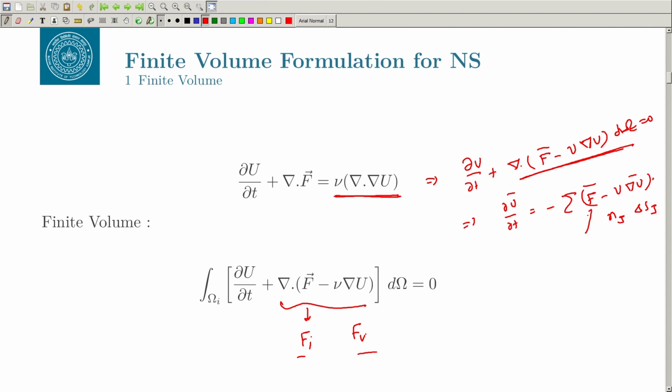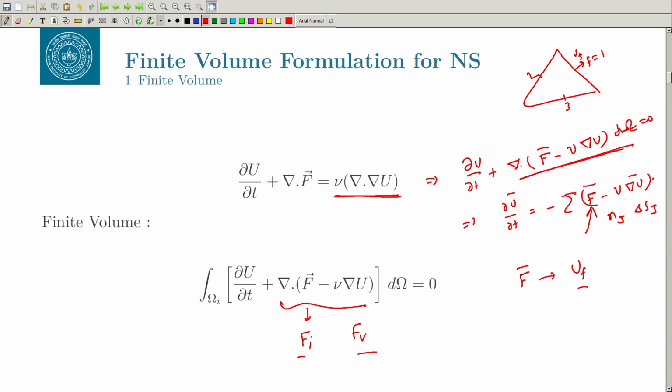For this f calculation, we needed the values at the cell interfaces. You needed the value of u at interfaces, so basically u f at all the faces. If this is my grid, I wanted f equal to 1, 2, 3, so we wanted the value at the interface here.